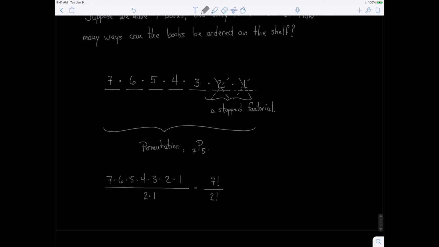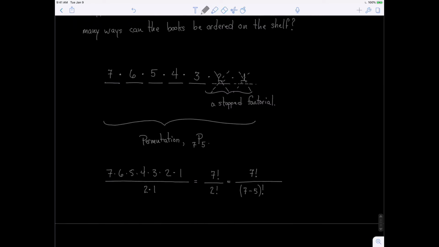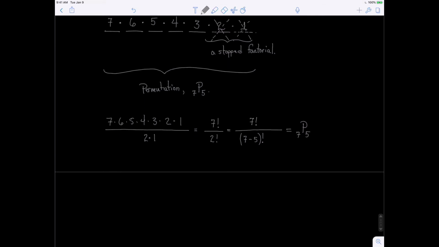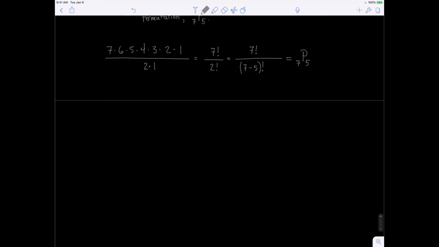The interesting part is that the 7 factorial stays the same, but the 2 comes from taking the 7, subtracting the 5, and then taking the factorial. That is the permutation of 7 permute 5.